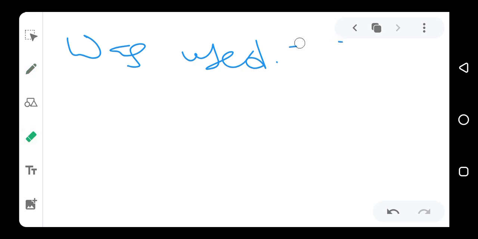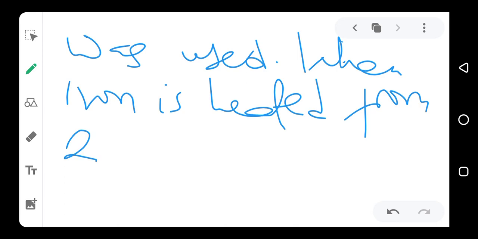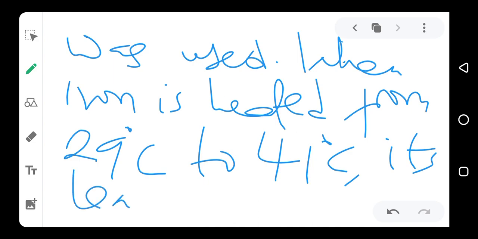When the iron is heated from 29 degrees Celsius to 41 degrees Celsius, its length expanded.